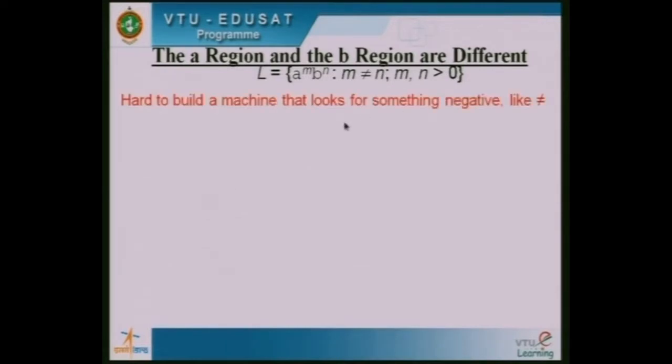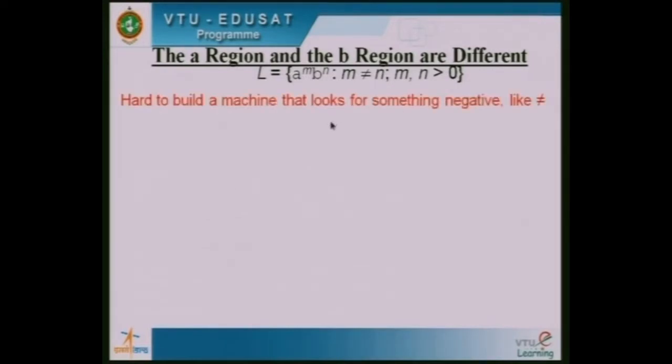Let us take one more language which is different from this, wherein the A region and the B region are different. It means I have a language wherein I have A raised to m and B raised to n, where m is not equal to n and m, n are greater than 0.